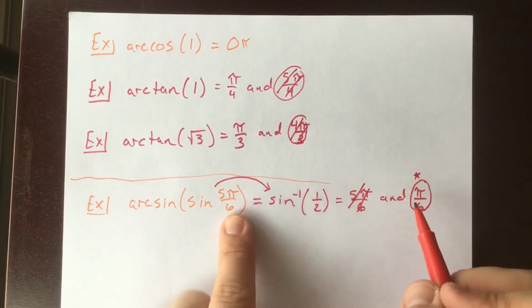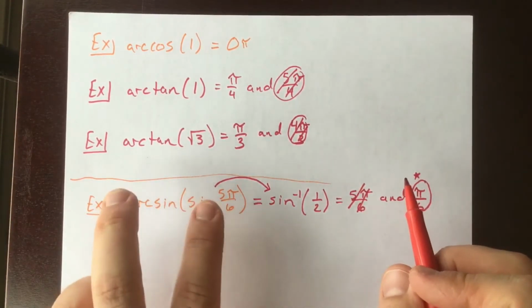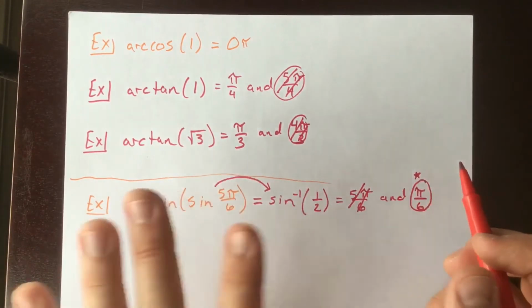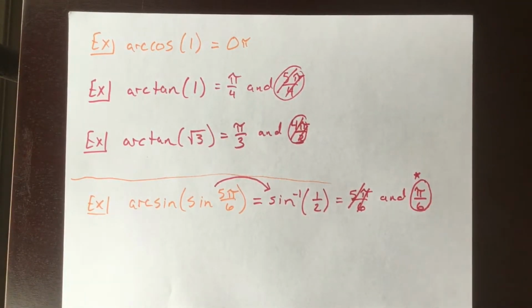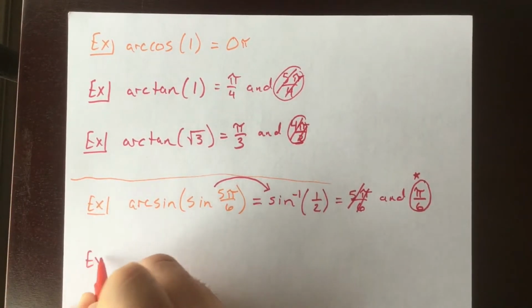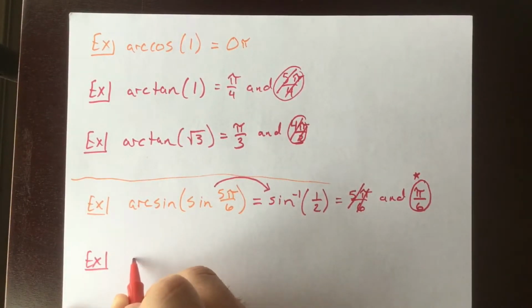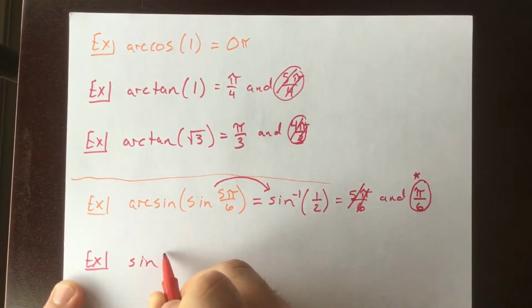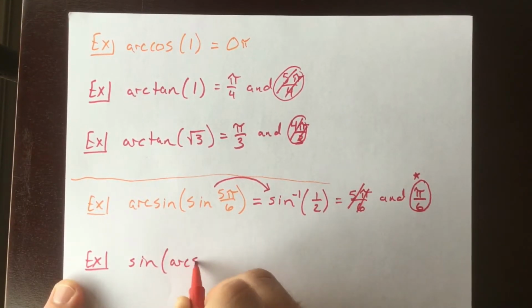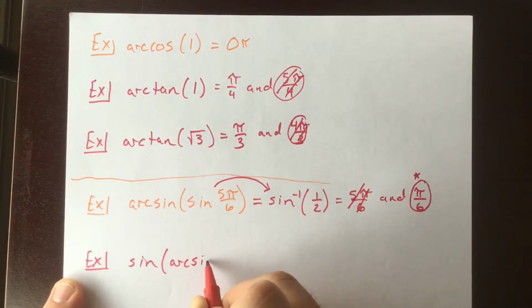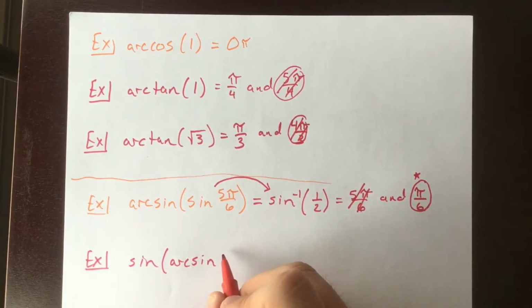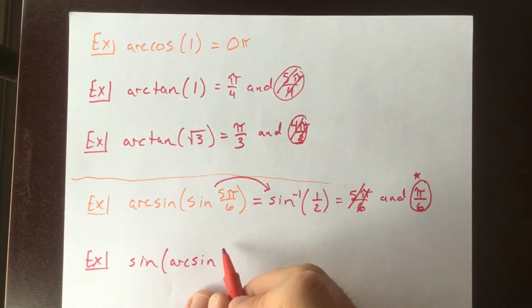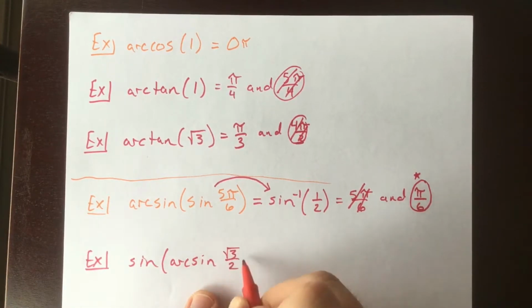So you might notice something here with the arc sine and sine, but let's try another one. Let's imagine we have the sine of arc sine of square root of 3 over 2.